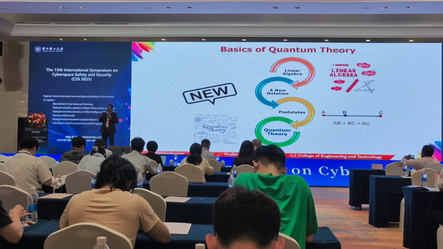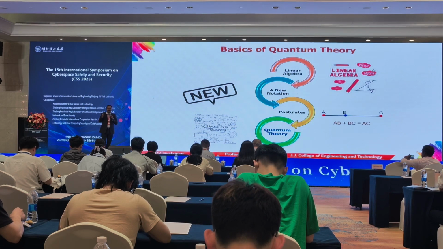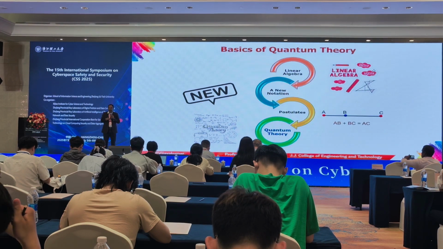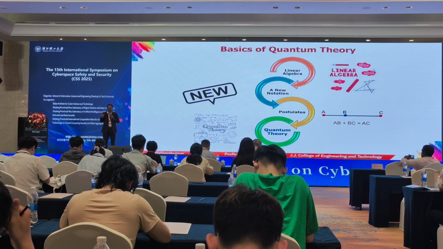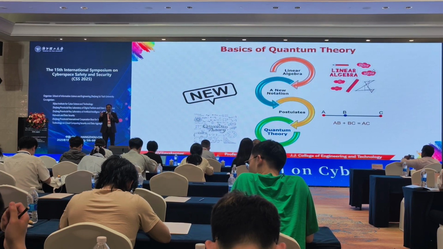Third thing, how will you measure the outcome of the quantum operation? It may be any one of the vectors, but which will be the outcome, which will be the output, nobody can predict. That's why Feynman said that nobody is strong in quantum mechanics, because we cannot predict the output of any operations.